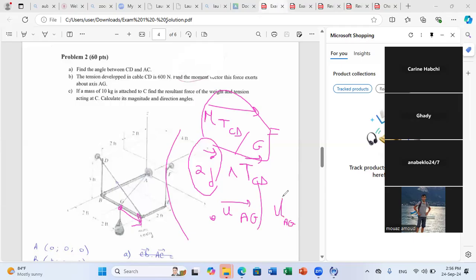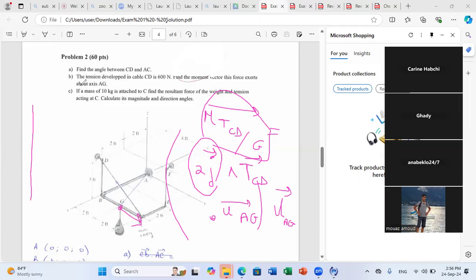You can use the triple scalar method that we learned in class. So what you do then, instead of expanding in parts, meaning first I get the moment, then I do dot uAG, I get the component, then I do times uAG, I get the vector, you can say, to get the component of projection, let me use the triple scalar product. Then what will be the first row?